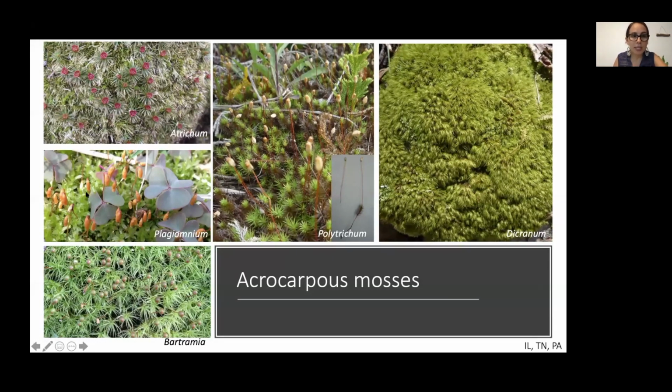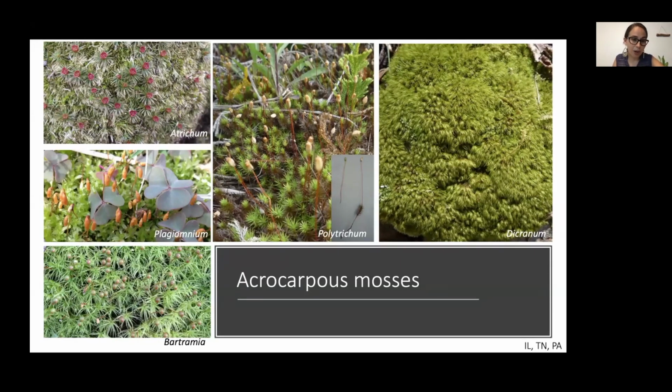And here are some examples of common mosses of North America and of the Northeast. You have Atrichum, and that red thing is some of the reproductive structure. They look like flowers, but they are not flowers. Then you have Plagiomnium, that is between those clover leaves. It's a little bit larger.